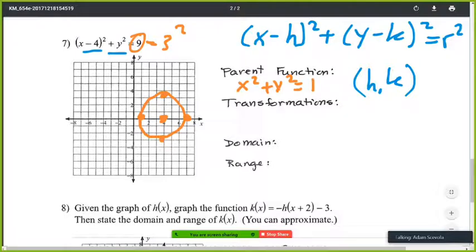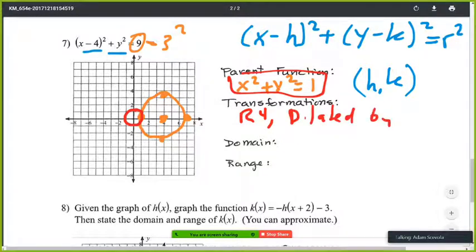And then the transformations: if I were to graph this circle in red, it's just going to look like this. If you compare it, it got moved to the right 4, didn't move up or down, and then it got dilated in every direction by a factor of 3 because the radius went from 1 to 3.